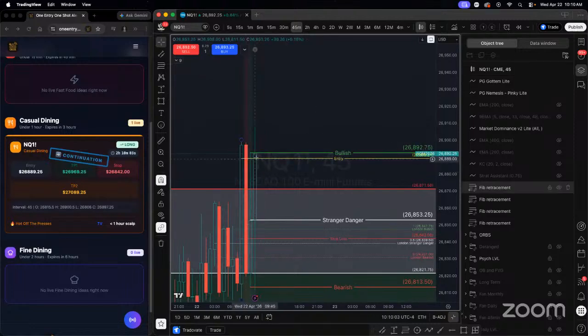Okay. All right, and let's give it that. Let's see what happens here. If the bullish opening range can give us some strength here.